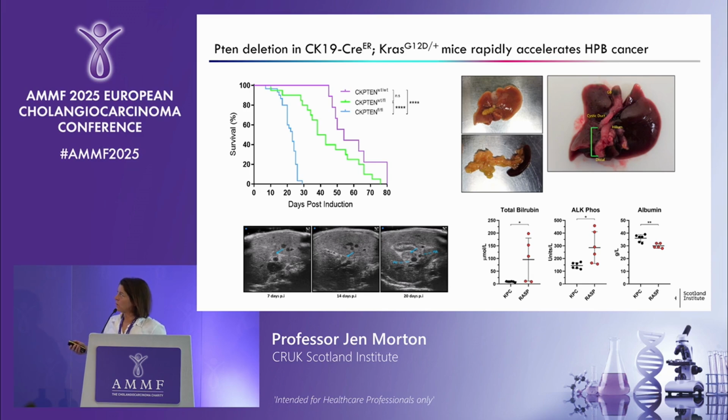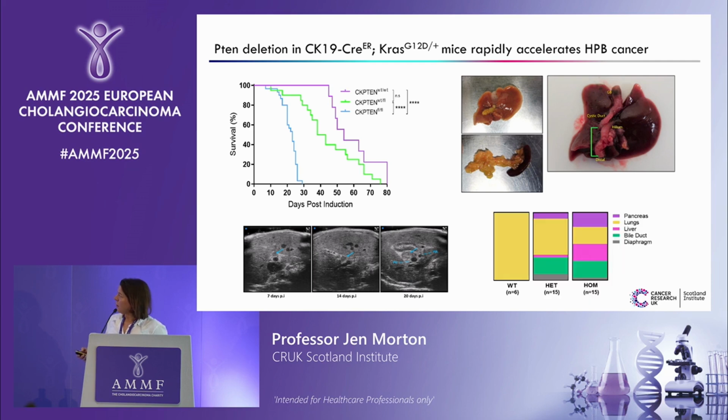But all the PTEN homozygous mice die from cholangio, and you can see again that we have both intra- and extrahepatic tumours. Again, you can see duct thickening, and you can see markers of liver dysfunction increase. This is a breakdown of where we see tumours in these mice, but again, they all die from cholangiocarcinoma.